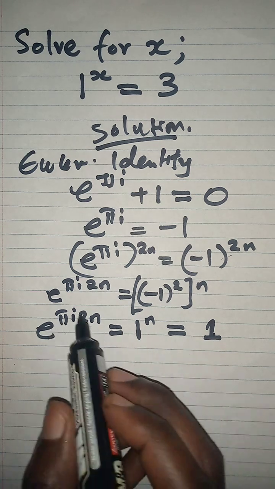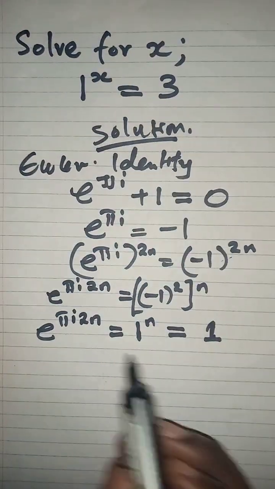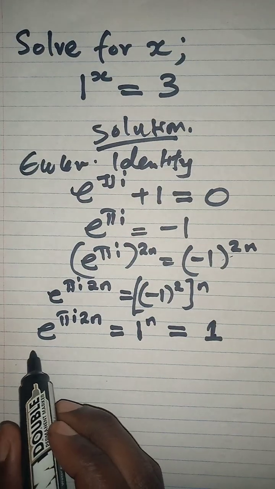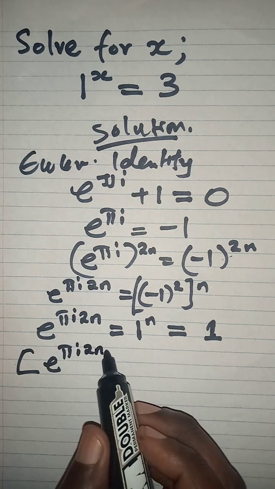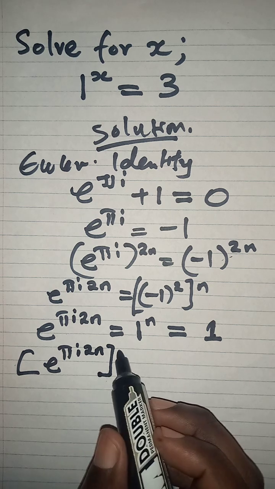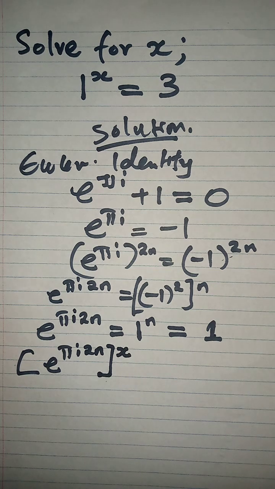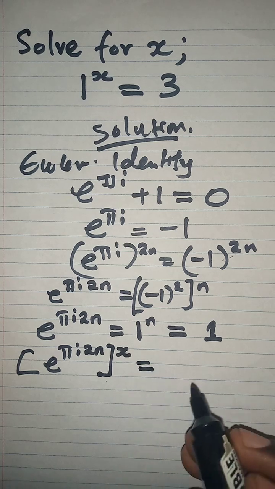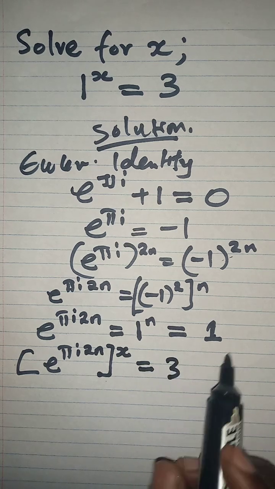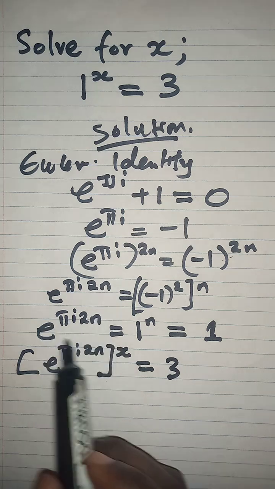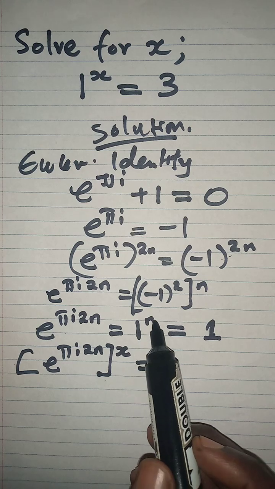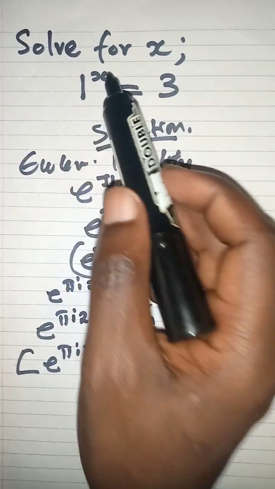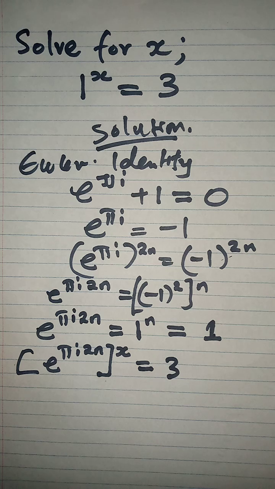So I'm going to have exponential raised to power pi i 2n multiplied by x equal to 3, because the whole of this is equal to 1, and 1 can be written as 1 raised to power n, which is equal to 1 raised to power x.